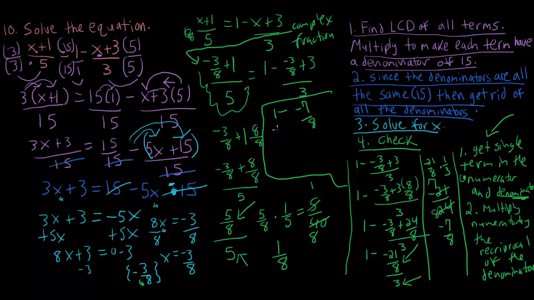So we need to have an LCD, so 8 would be the LCD for both. So you'd have 8 over 8, actually I made a mistake.